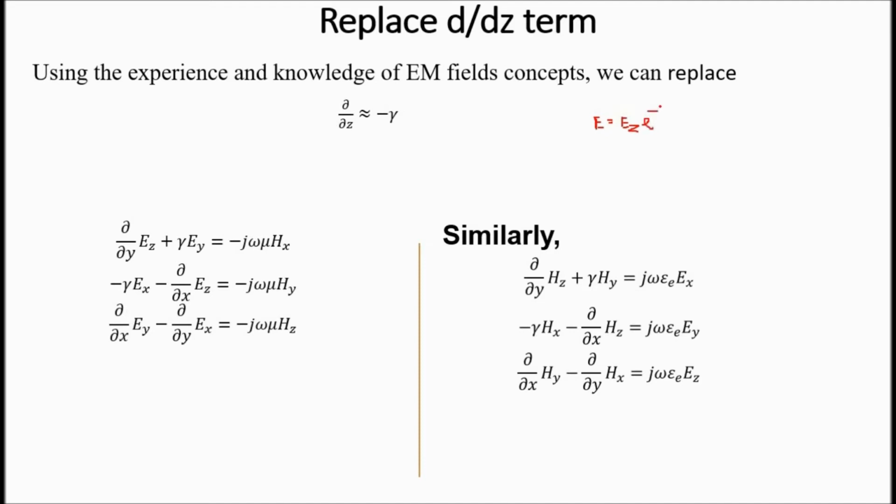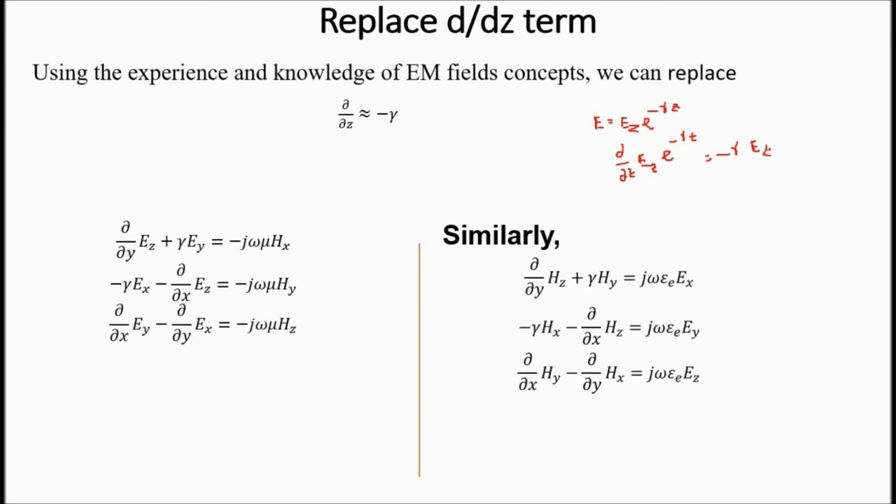So if you take the derivative of E in the z direction, you will get negative gamma Ez e to the power negative gamma z. Which implies that d over dz is equal to negative gamma.